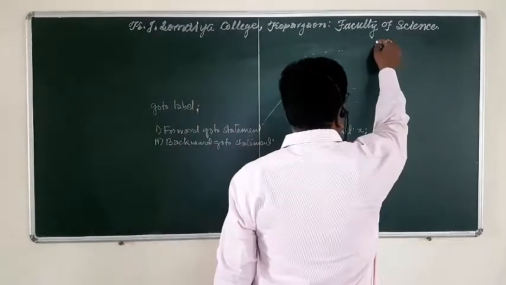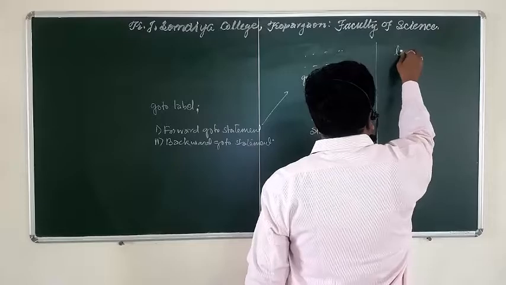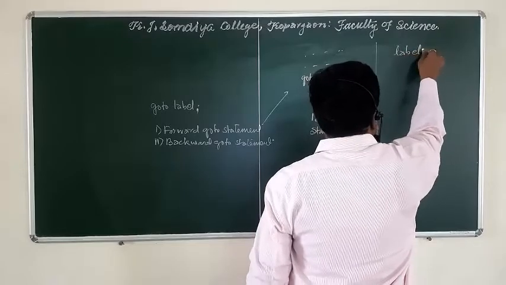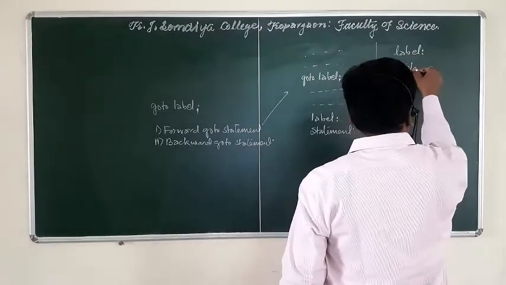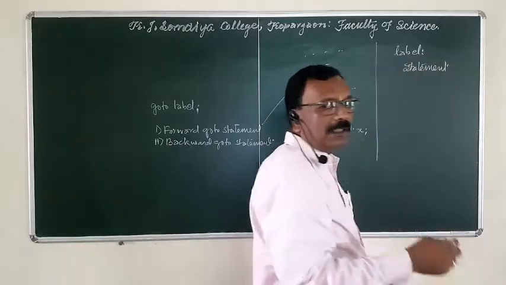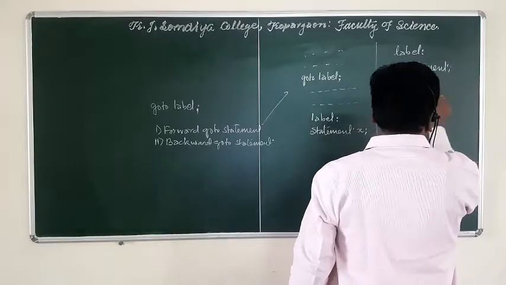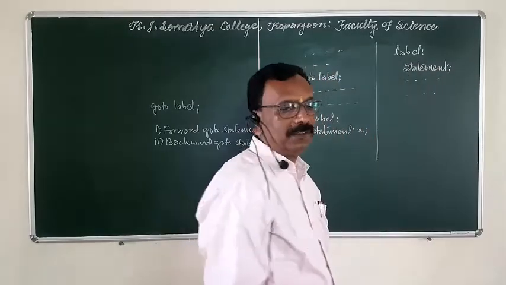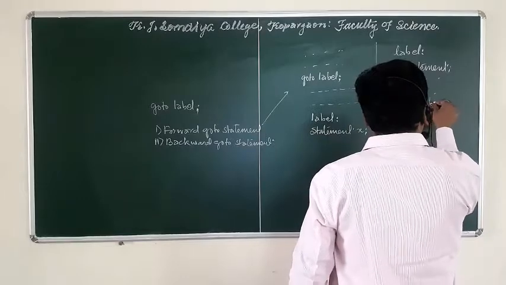Then the backward statement. Here label, colon, again statement, say 1 or 2. Suppose there are a few statements, then goto label.